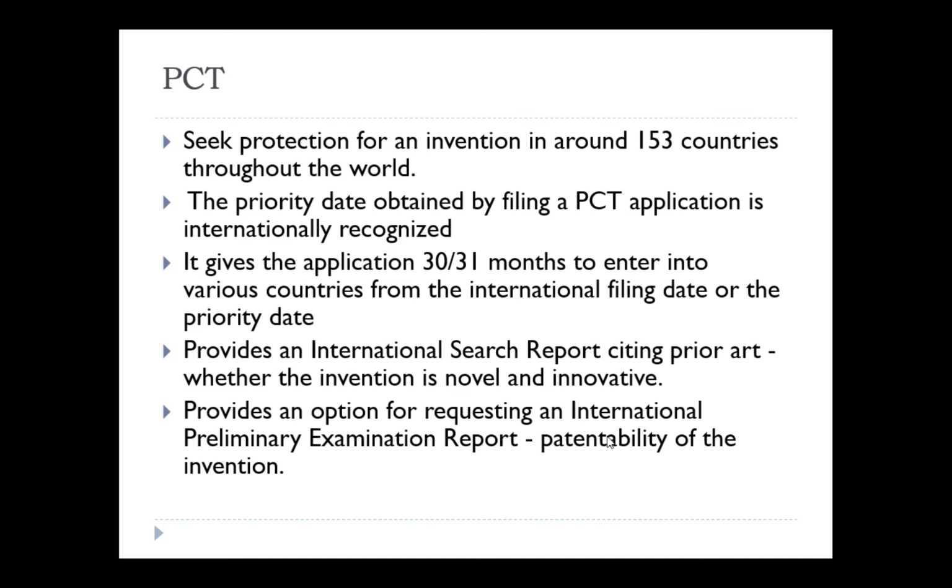They will give one search report stating that your invention is cited here, or your invention may have similarities with so-and-so invention. This is the search report. In other words, we can call it the first examination report as issued in India. Similarly, that guy got it for his stump invention as well.